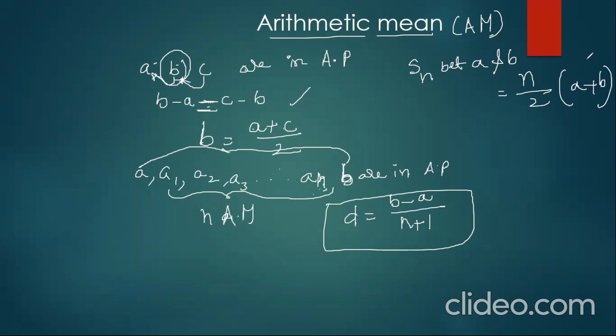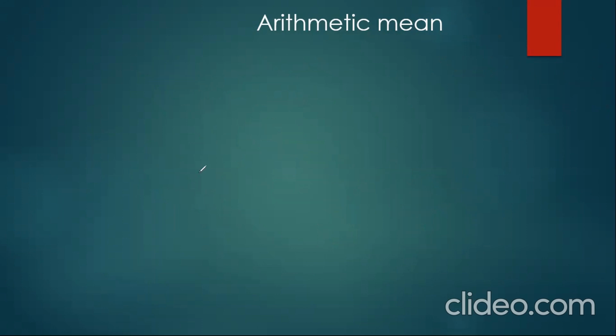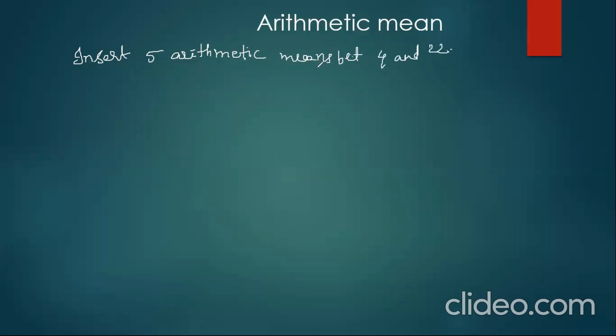Got it? Let me do one more question depending upon this arithmetic mean. They are asking: insert 5 arithmetic means between 4 and 22.